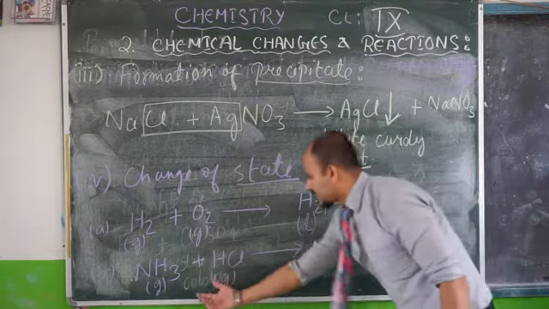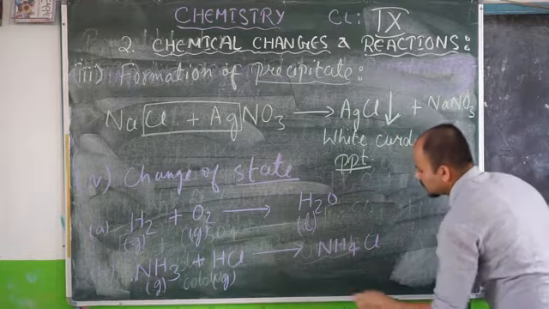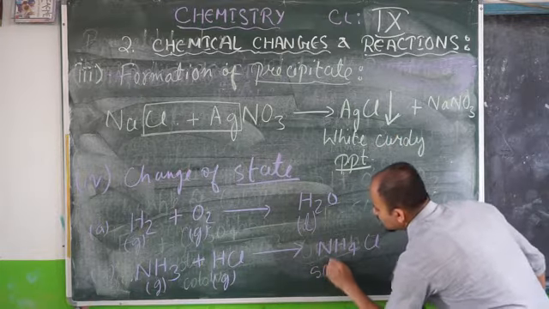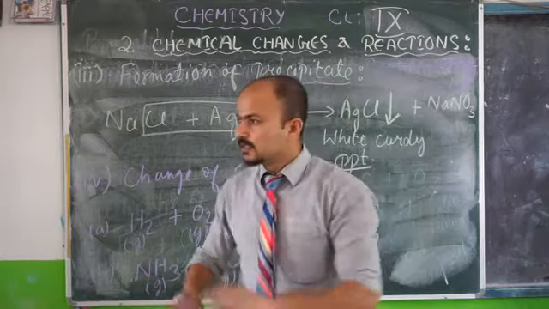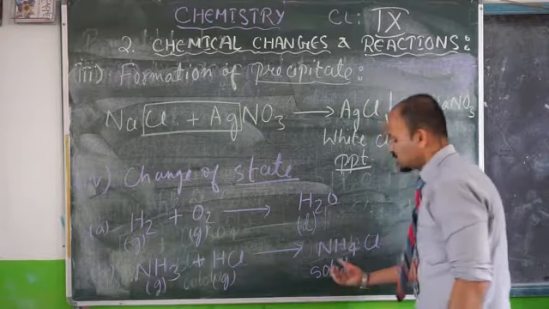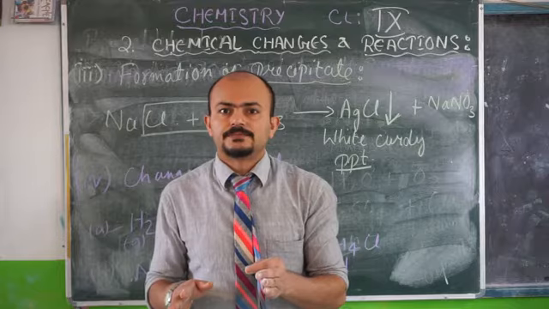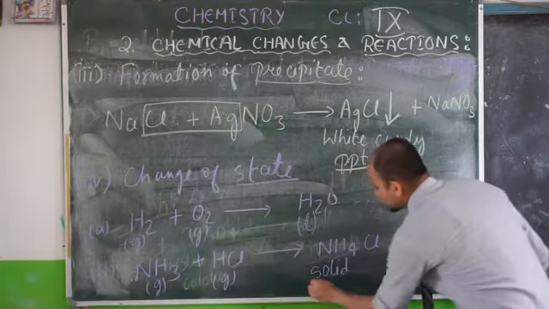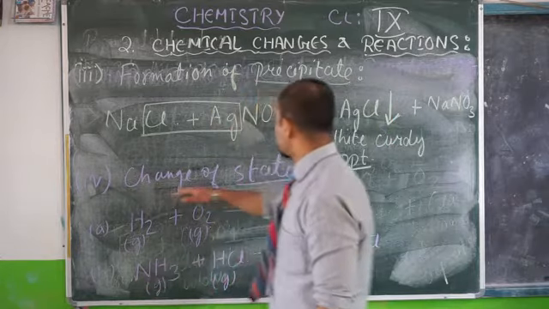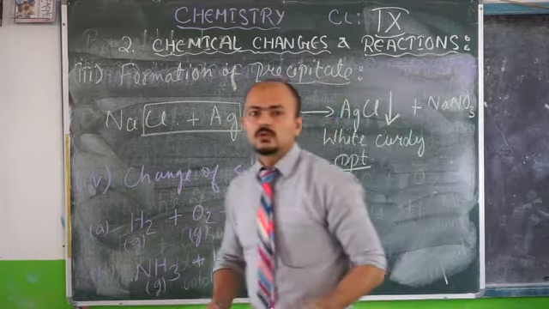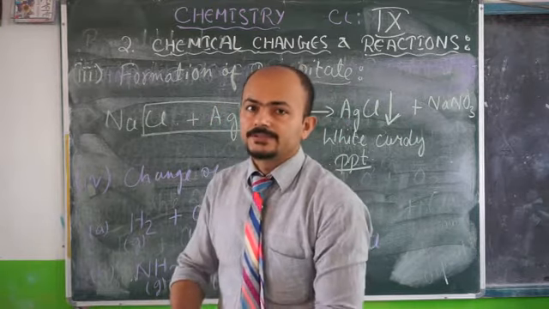Now, after the reaction, you obtain dense white fumes, which is solid dispersed in which phase? In the gaseous phase. Now see, solid dispersed in gaseous medium. That means it is in a solid state. Now this also tells us that this change of state is also one of the characteristics of a chemical reaction.